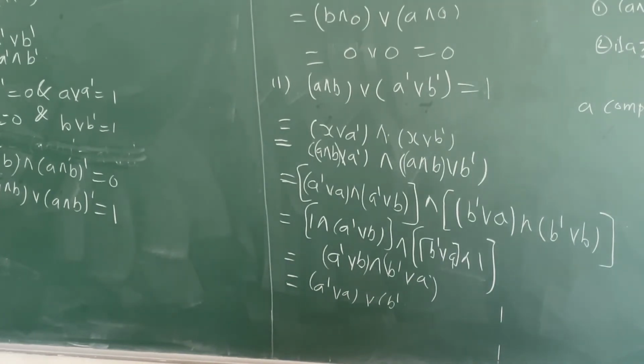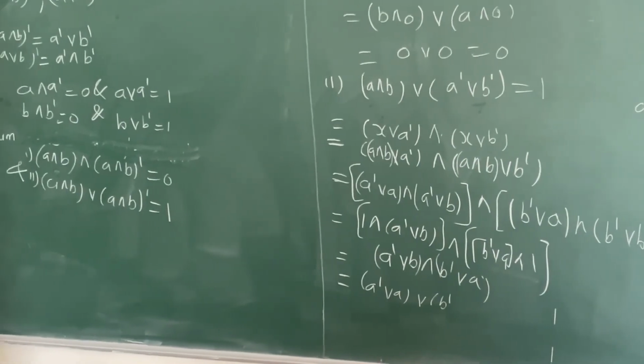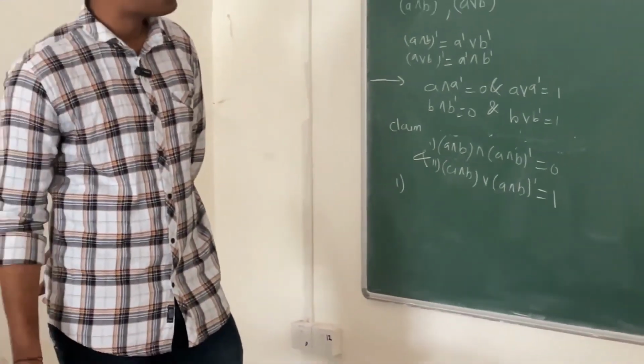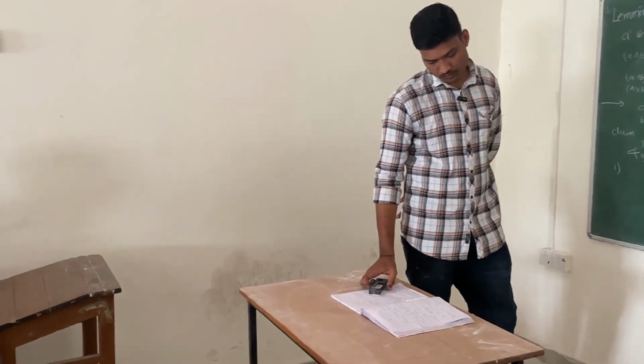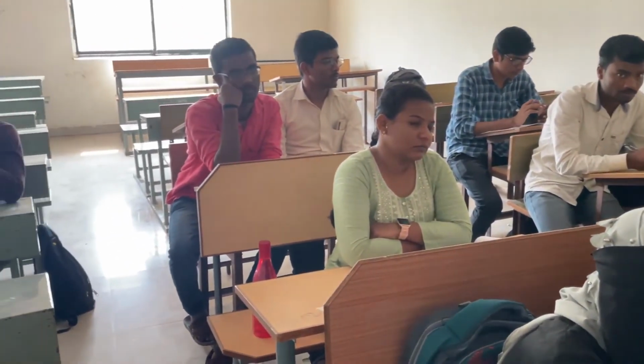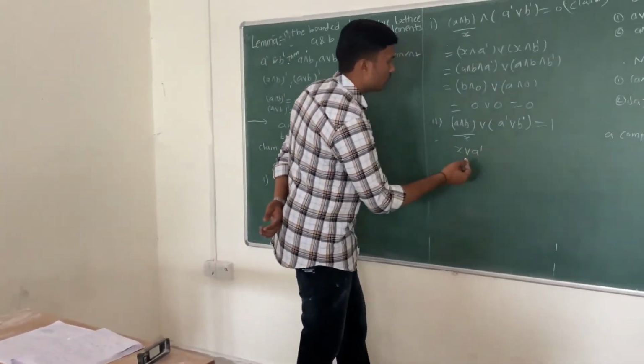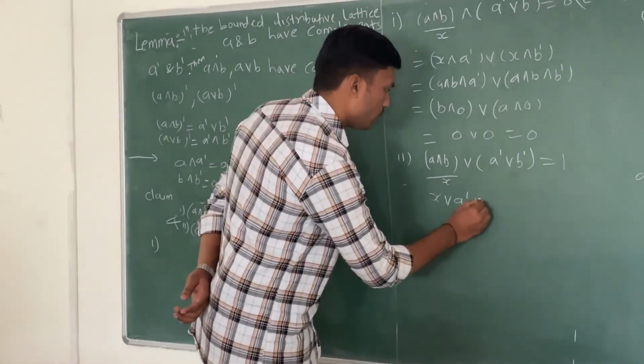Here we suppose this is X, then X join A dash join B dash.